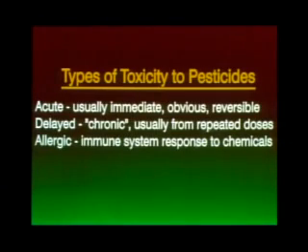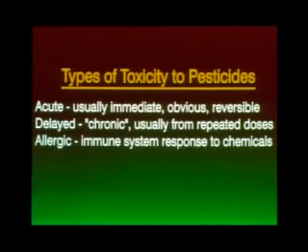There are 3 types of toxicity to pesticides. Acute is usually immediate, obvious, and reversible. Most of the time this is associated with organophosphates or carbamate insecticides because they work on the nervous system in an insect, and if you're poisoned, they will affect your nervous system.